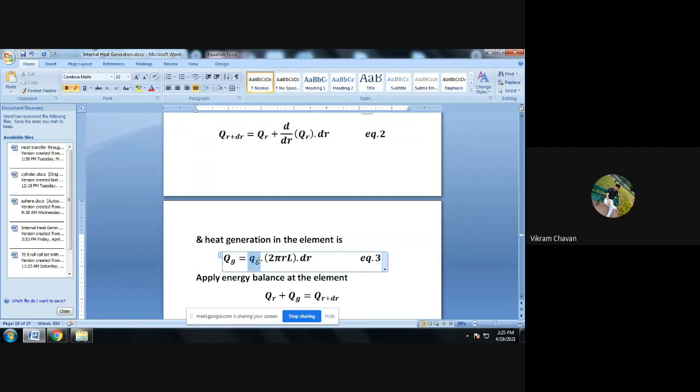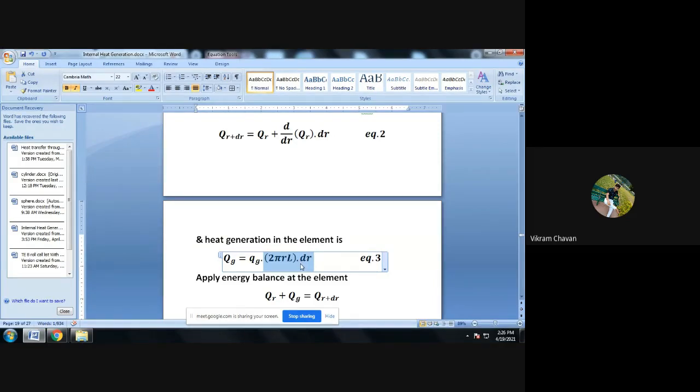Then we want only heat generation per unit time, so we have to multiply by the volume of the element. The volume of the element is 2 pi r l multiplied by dr, where 2 pi r l is the area and dr is the thickness.